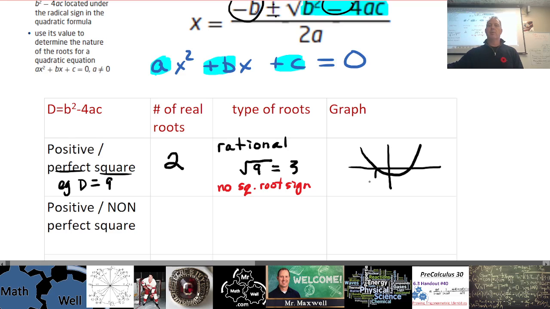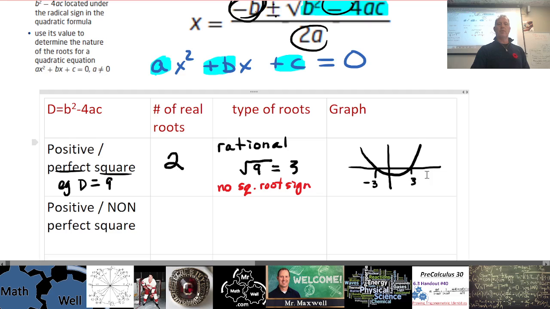In this example, this would be -3 and positive 3. It might not be exactly what the square root of this radical is, because there's other things, there's the b, there's the 2a, all that. But that's an example. It'll be some whole number or integer, or a fraction. It's not going to have a radical in it.